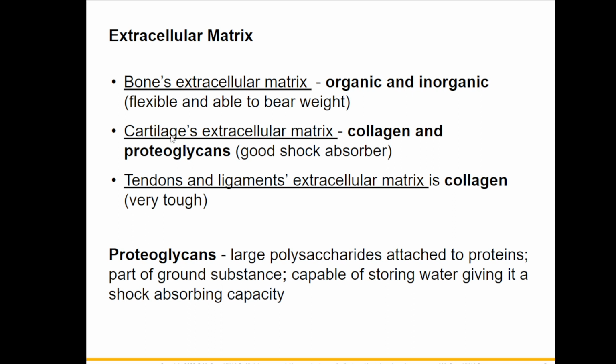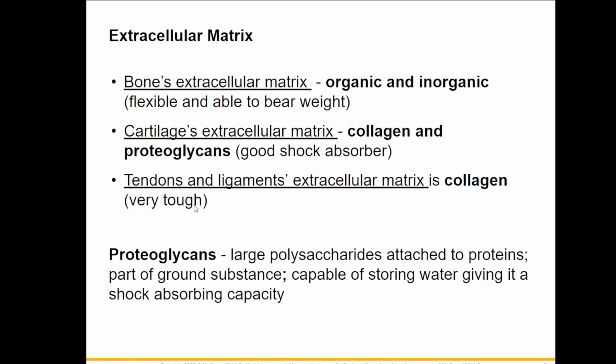For cartilages, it's composed of collagen, which is the protein fiber, and proteoglycans, which I will discuss later. Collagen and proteoglycans together give cartilages the ability to be a good shock absorber. That is why they are found in between the bones, right? They absorb shock, they prevent friction, etc. And then your tendons and ligaments are composed mainly of collagen, which makes them very tough.